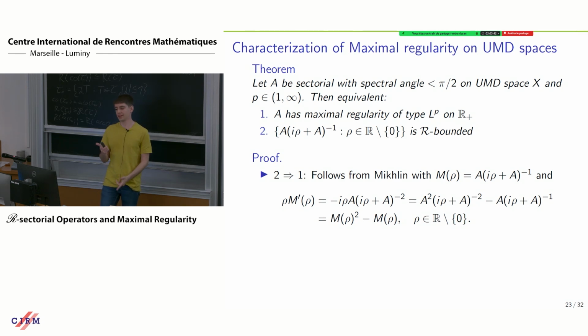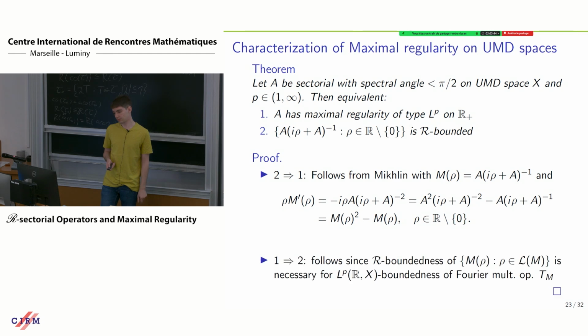And this is also why we get the equivalence, because for the other direction, you might remember we had some proposition which told us that the first condition in Mikhlin, which is the R-boundedness of the M function, was necessary for L^p-boundedness of the Fourier multiplier. And so this can be just applied here.